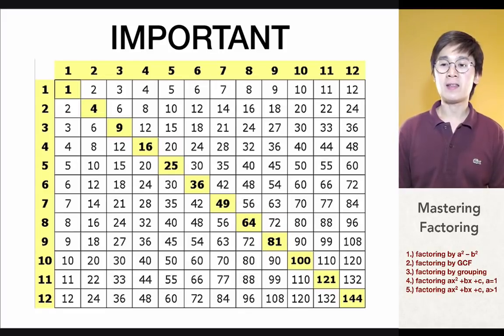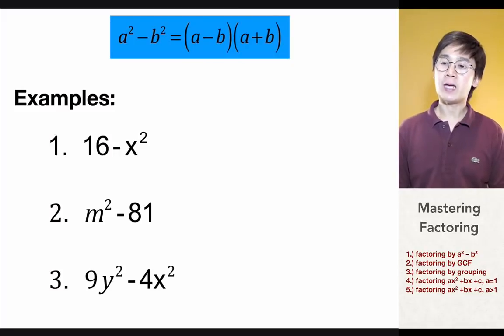Now you will see that the perfect squares that I'm talking about here will be 1, 4, 9, 16 up until 144, which means if you take the square root of those numbers, it will give you an integer as an answer. So these are some of the perfect squares that you will encounter in this particular factoring technique. Now we have three examples of polynomials that fall under this category.